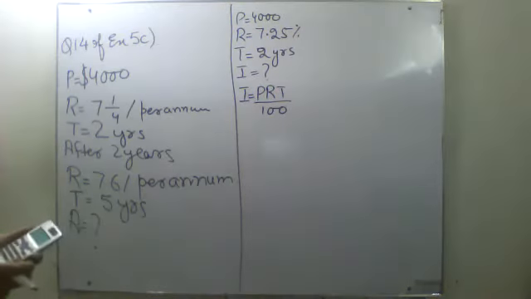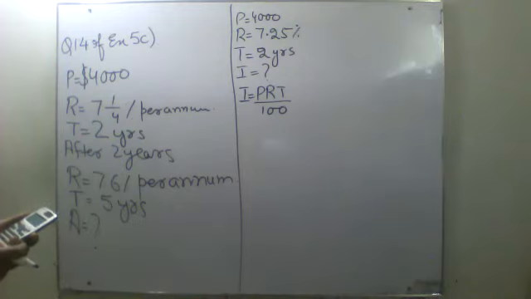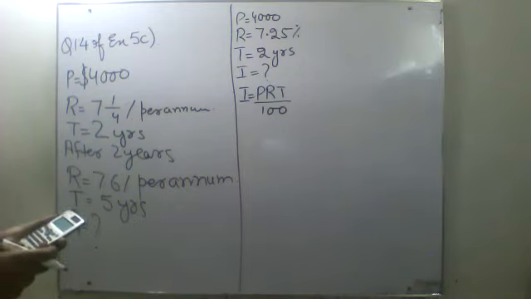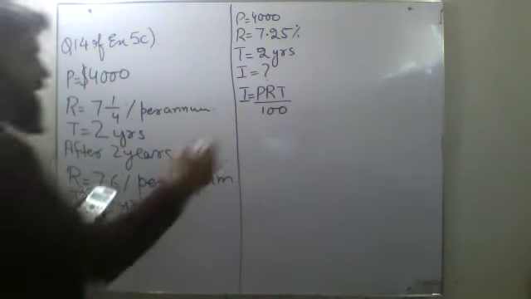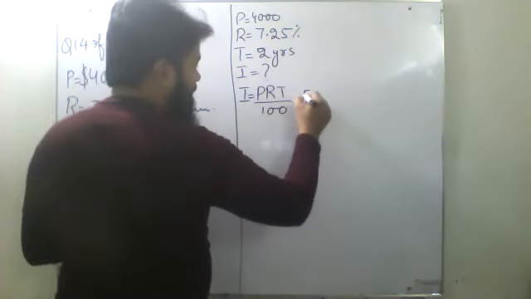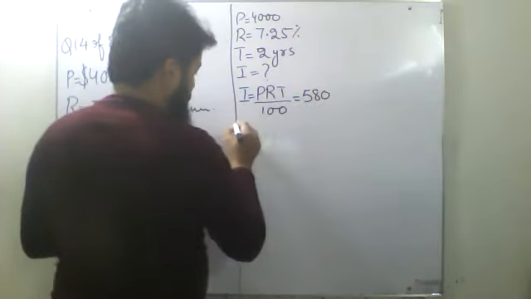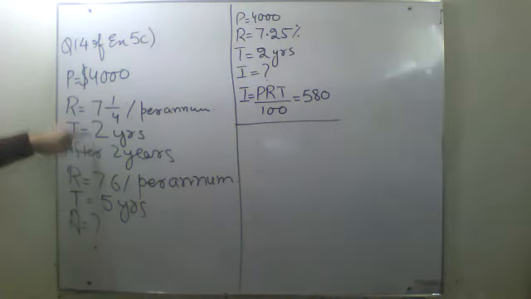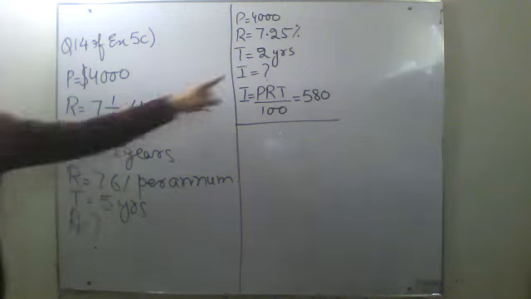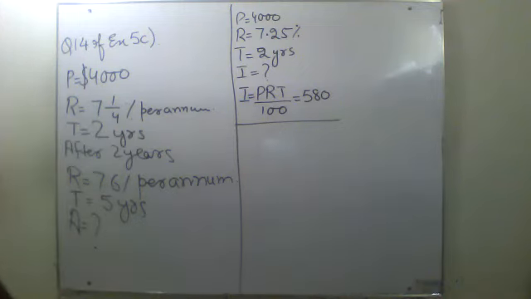Okay, so P is given 4,000, R is given 7.25, T is given 2, divided by 100. The interest is coming 580. For 2 years, on this rate, the interest is coming 580.